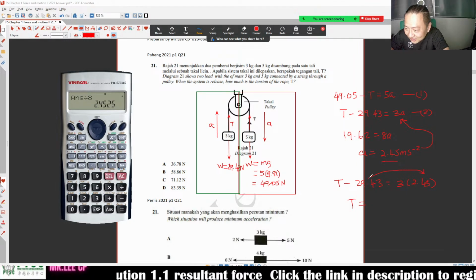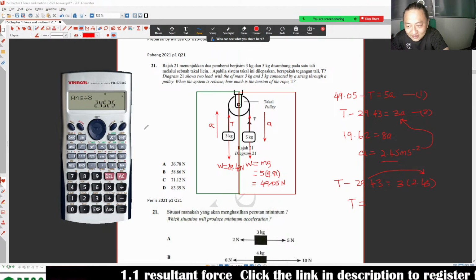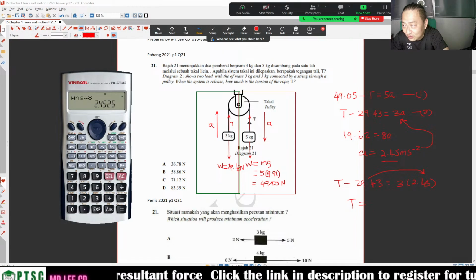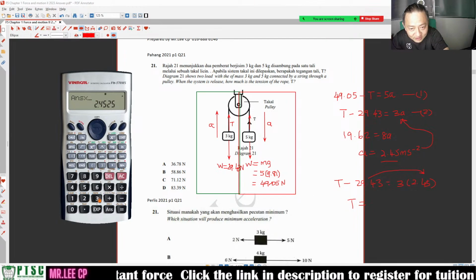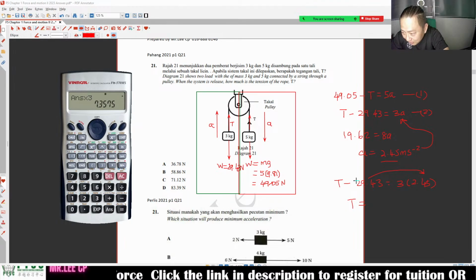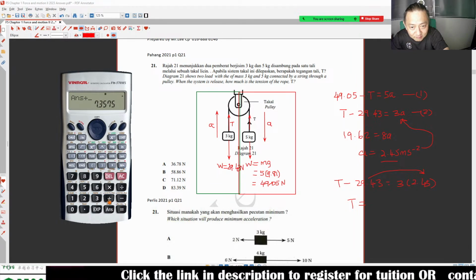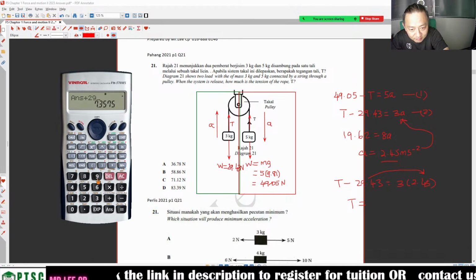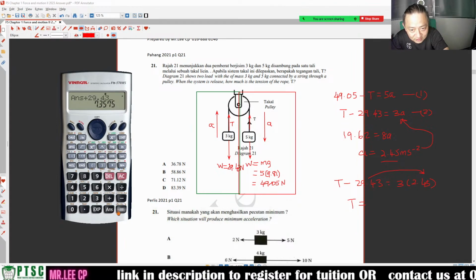I bring this under here. The answer is 2.45, I need to times 3, plus 29.43. So what will you get?